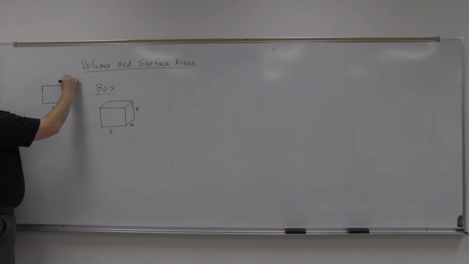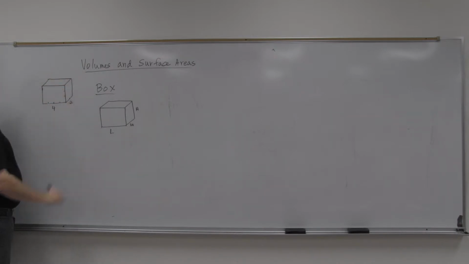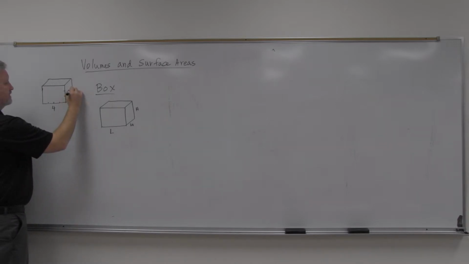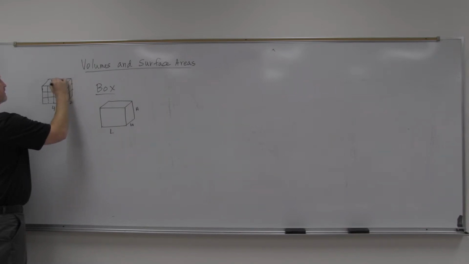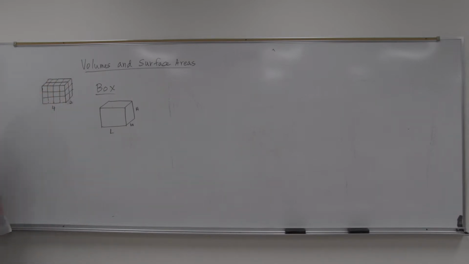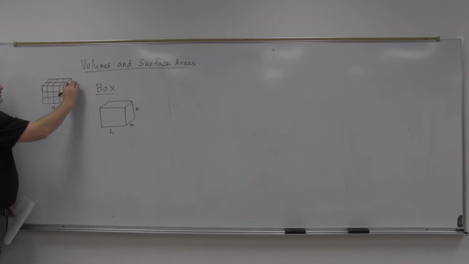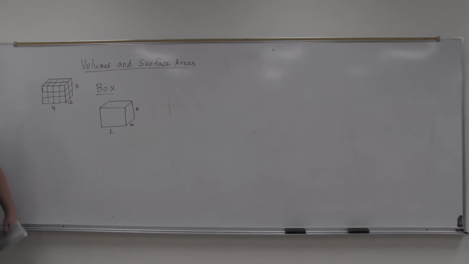Well, it's pretty easy to show here how many cubic units there are in this particular figure, because if we just grid this off, then go back like this, and then like this. If we grid it off like that, you can see I've got a front row and a back row, right?